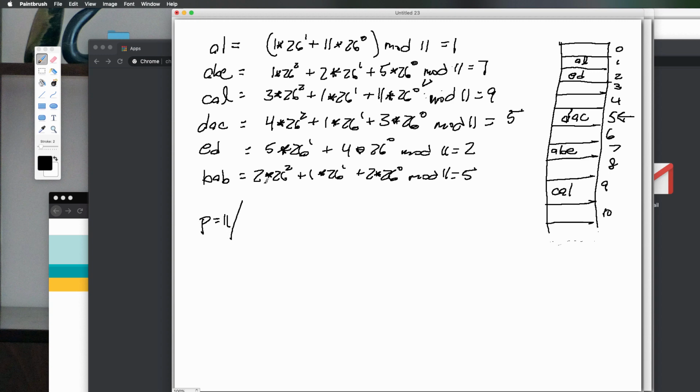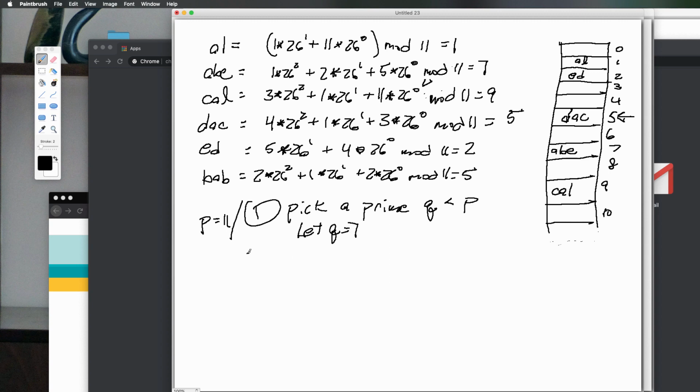Well, P was equal to 11. So the first thing you'd want to do is pick a prime Q less than P. Okay, and what I'm going to do here is I'm just going to say let Q equal 7.